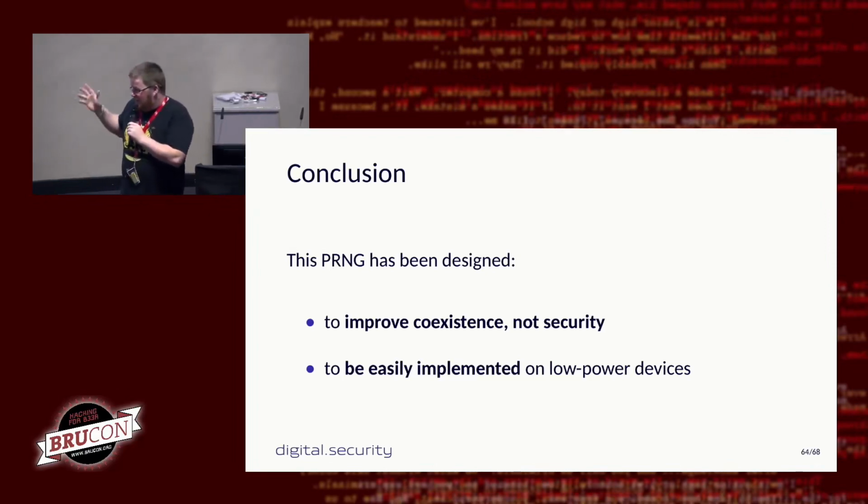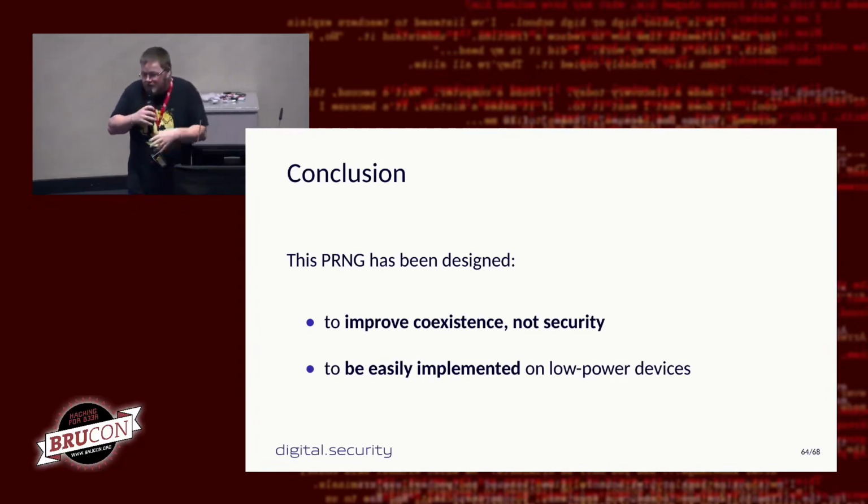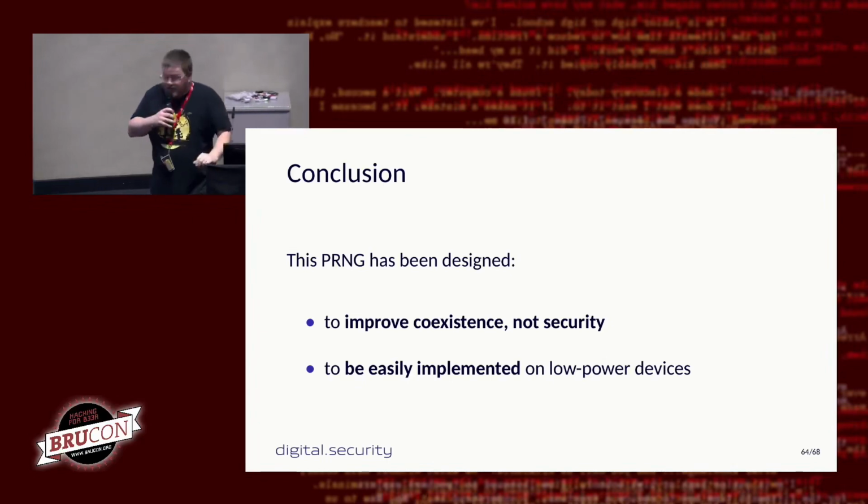What they were expecting to improve is coexistence, meaning being able to put a lot of devices in the same room and, unlike BLE4, make them communicate without any issues. So in fact, this is not really a security mechanism that has been introduced in BLE5. It's just something to make everybody's lives easier with BLE.